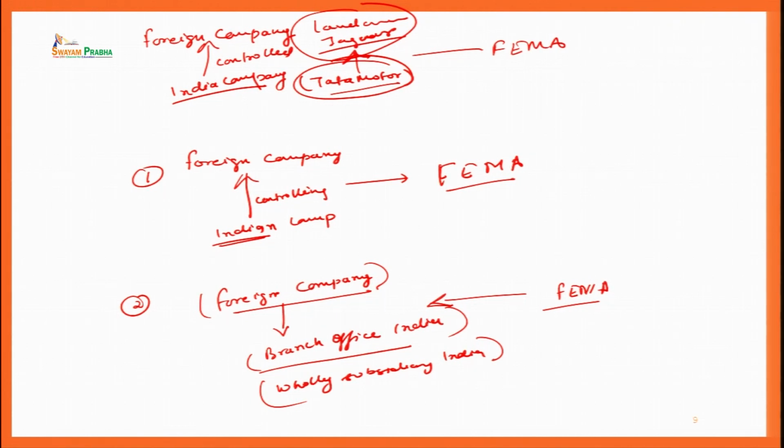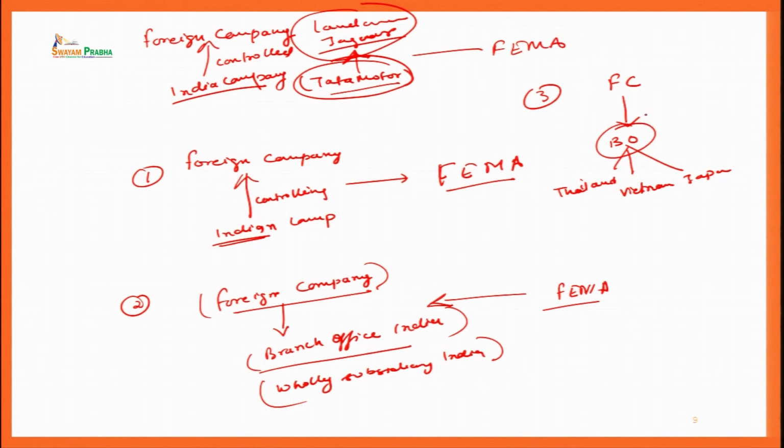Right? There is another condition as well. Let me explain that condition. This is the third condition. A foreign company having a branch office here in India, right? Branch office in India, and this branch is having a presence in multiple countries, right? Suppose in Thailand, Vietnam, Japan or maybe Indonesia, right?